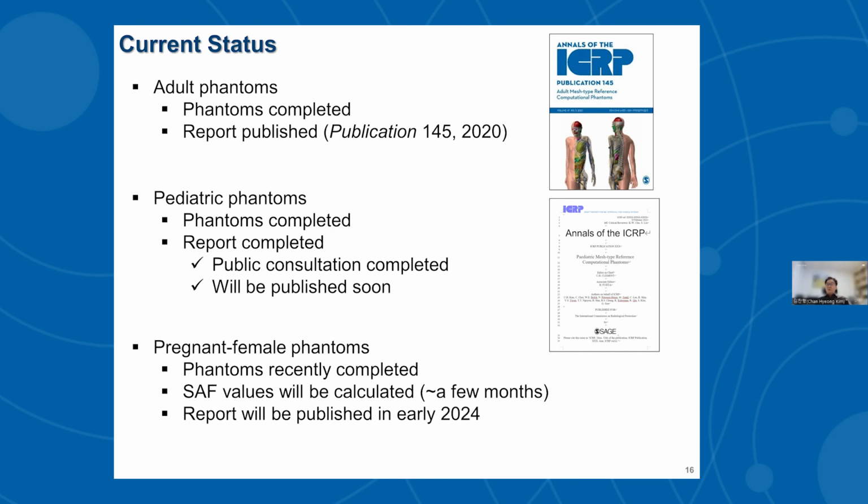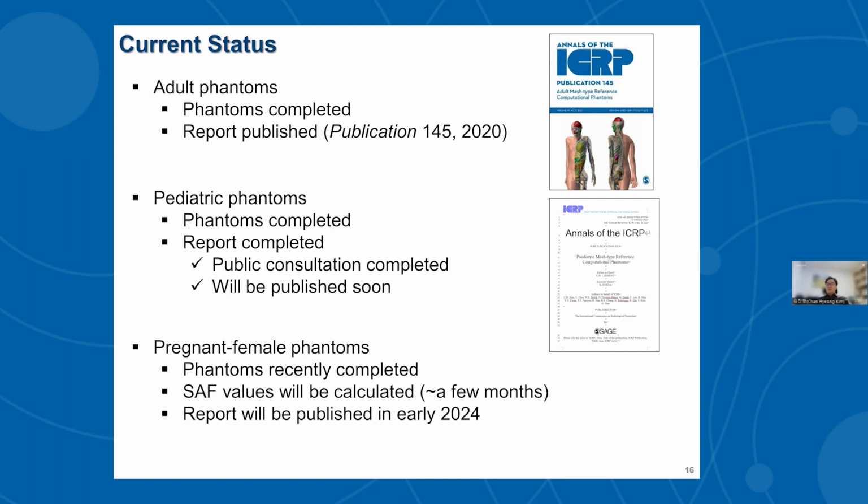For pediatric phantoms, the phantoms were completed, and the report was also completed, and the public consultation was also completed, and the report will be published very soon, that is within a few months. Finally, for pregnant female phantoms, the phantoms are almost completed, and the self-values will be calculated very soon. And I think it'll take a few months. Then the report will be published in 2024. That is next year.